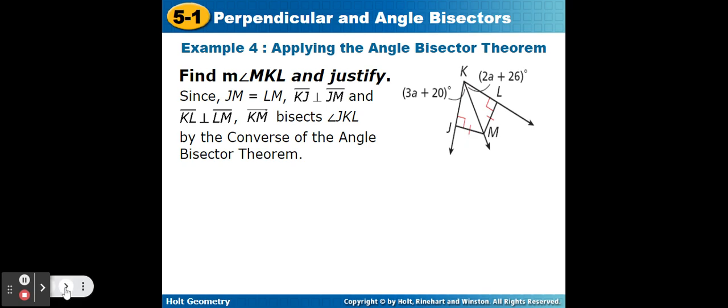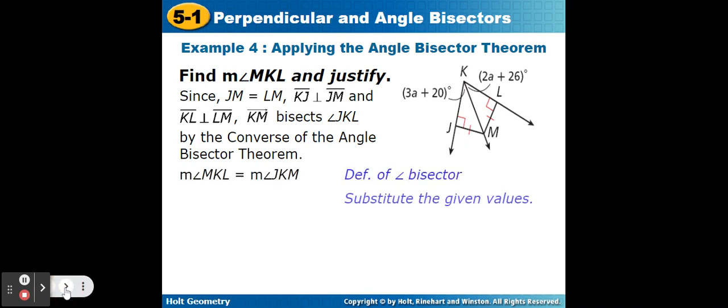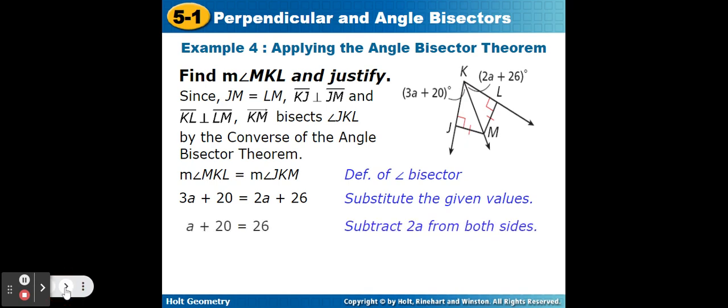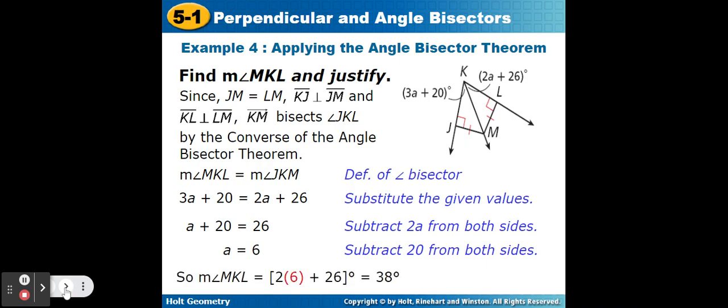Therefore, their measures must be equal. And so I'm going to substitute my angle measures, and I'm going to solve to get A is equal to 6. Now, by substitution, I will get that either one of these angle measures is going to be 38 degrees.